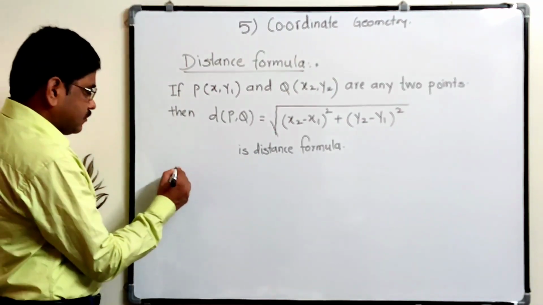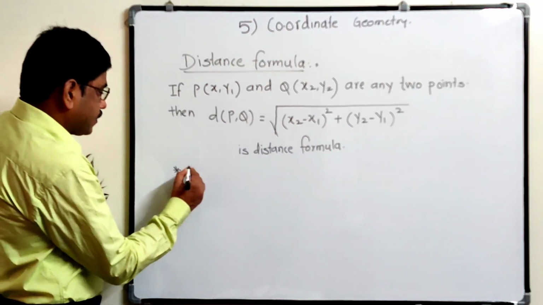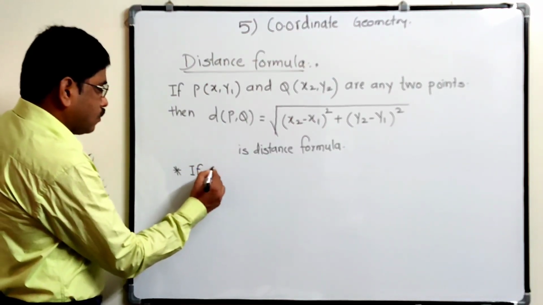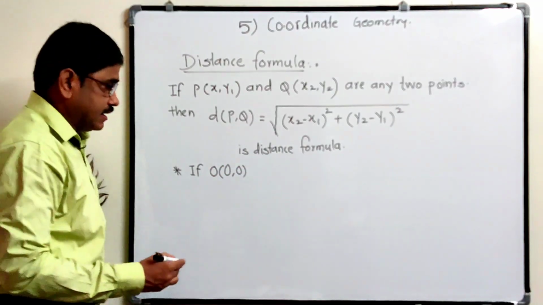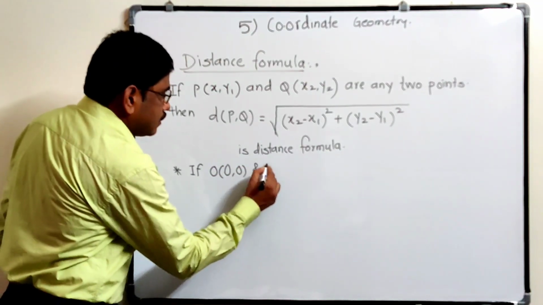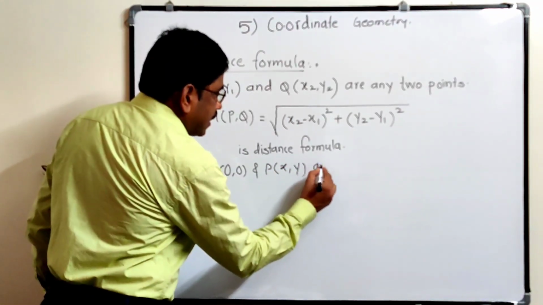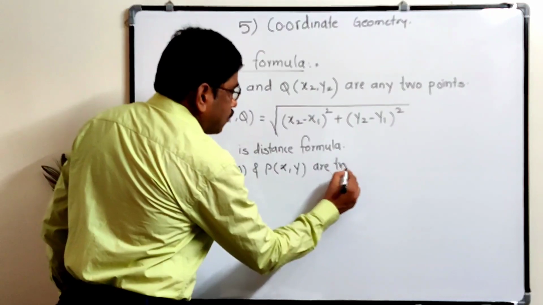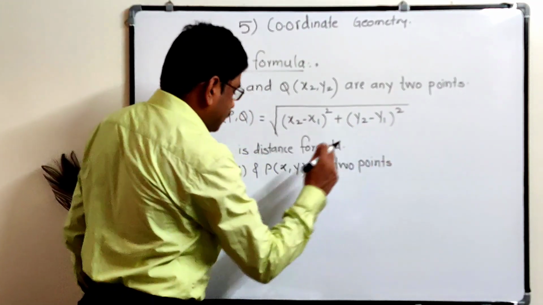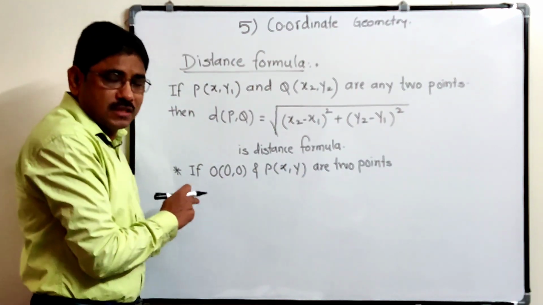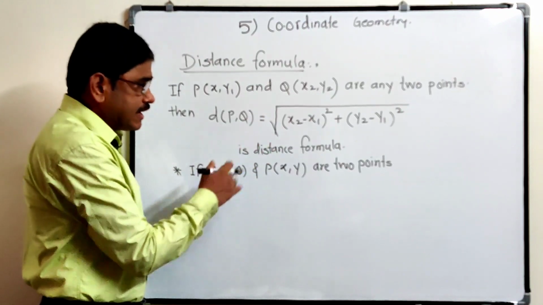Here remember some points. First point, if O(0,0) means origin is given and P(x,y) is any point, the distance of any point from the origin. So this is the formula. The same formula is there, but instead of writing that 0 0 we can directly write.